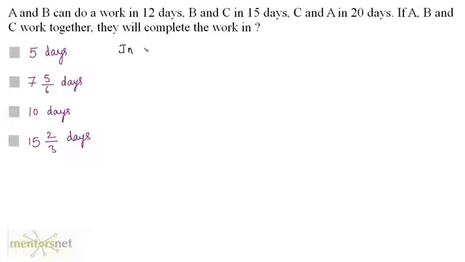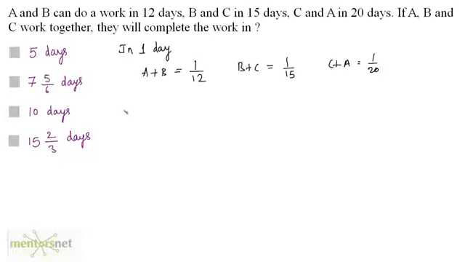Let me write it in one day. A plus B, the work done by both A and B, is going to be 1 by 12. B plus C is going to be 1 by 15, and C plus A is going to be 1 by 20.